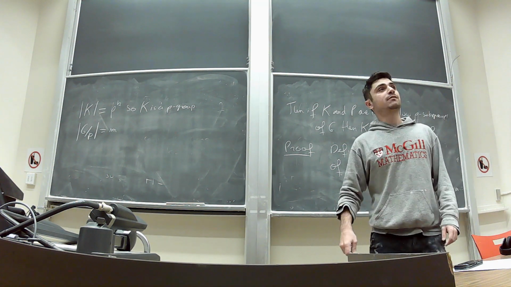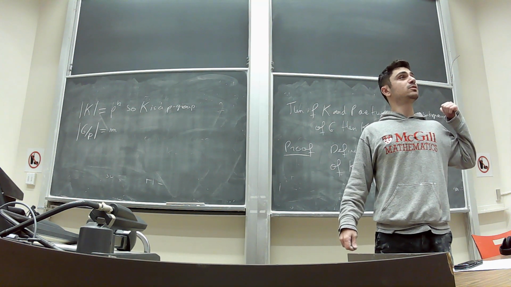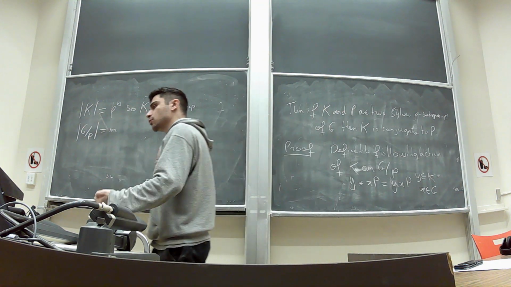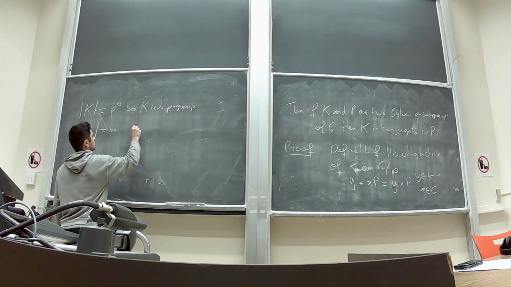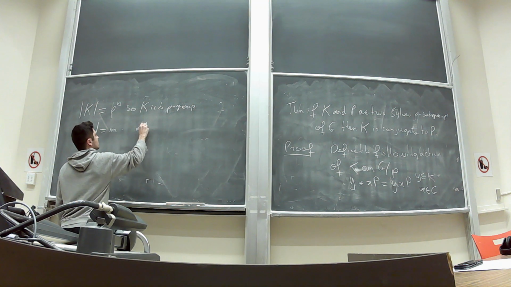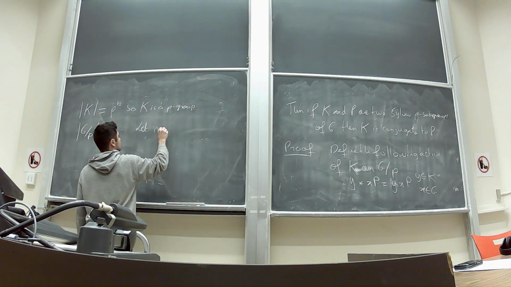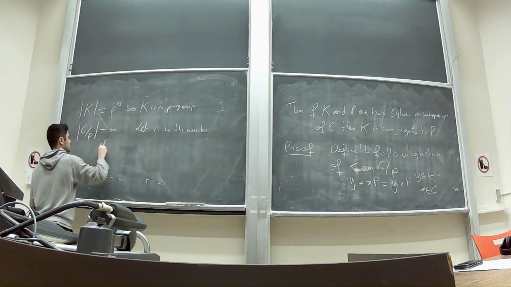I claim that this action has a fixed point. Can I use the previous theorem I proved on the number of fixed points? If I have a P group acting on a set, then the size of the set is congruent to the number of fixed points mod P. So let N be the number of fixed points of this action.